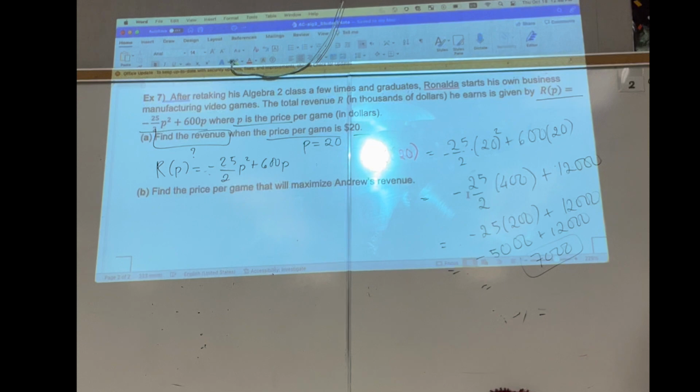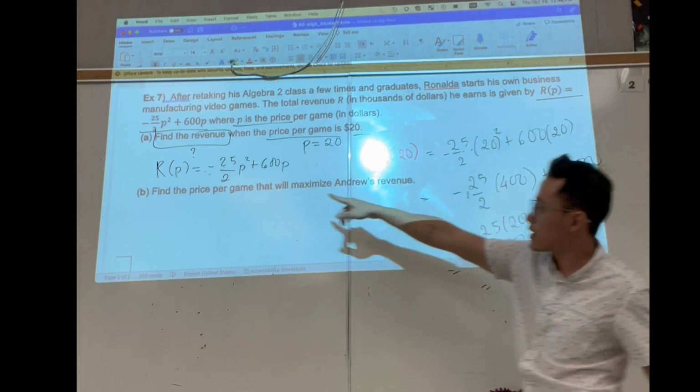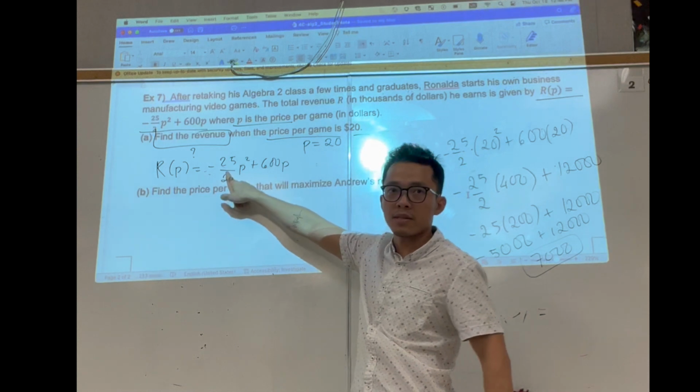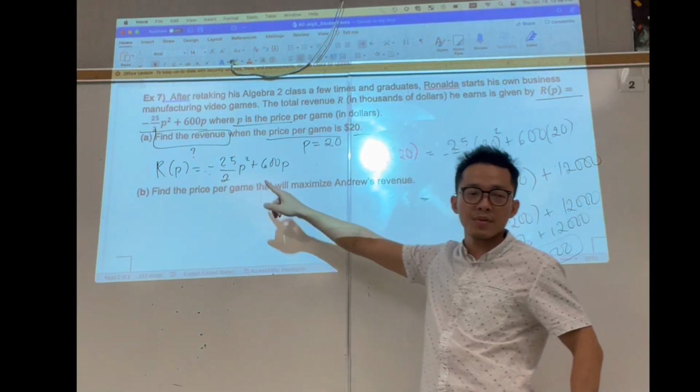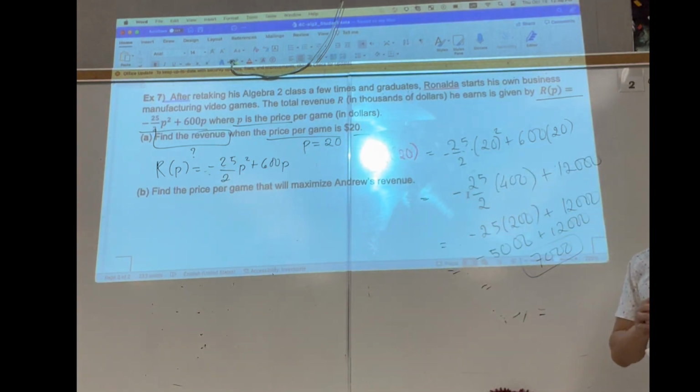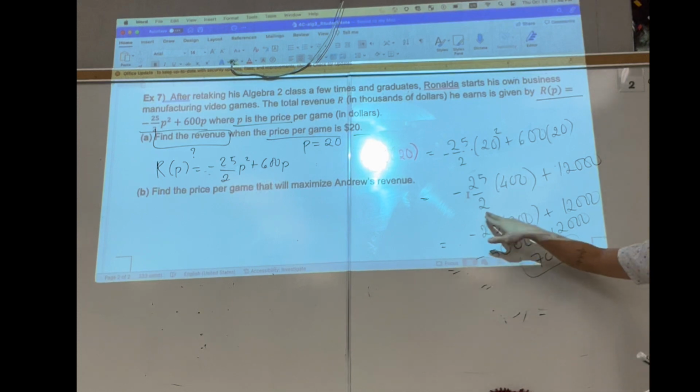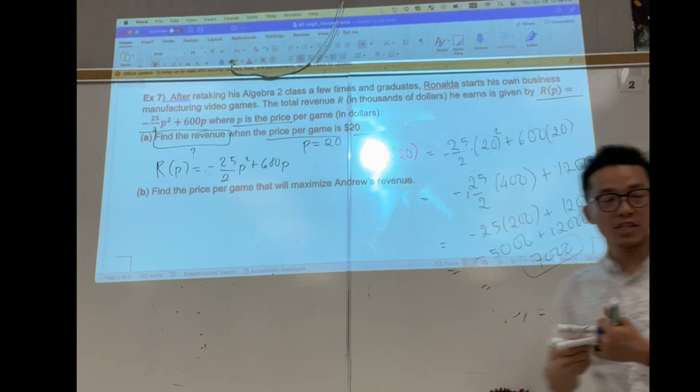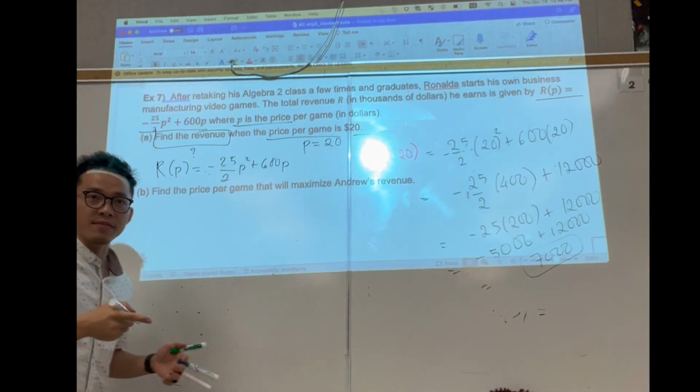Is it always the bottom number from the function they give you? Wait, so why is it divided and not multiplied? Because this is on the bottom, so you divide it. No, but it's like a fraction. Do you know a fraction is actually division?